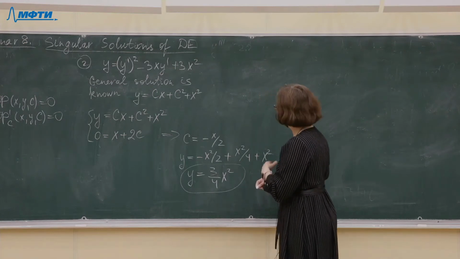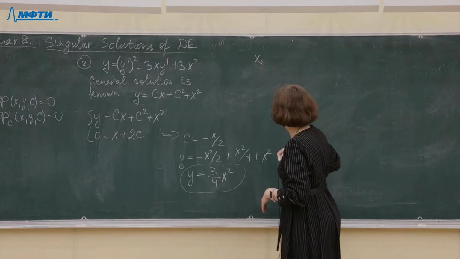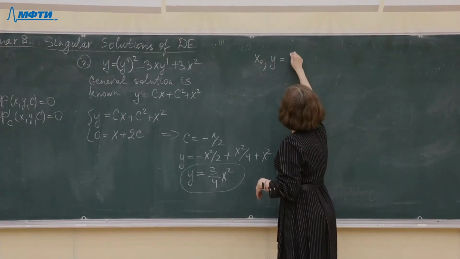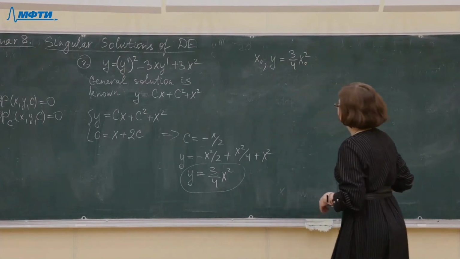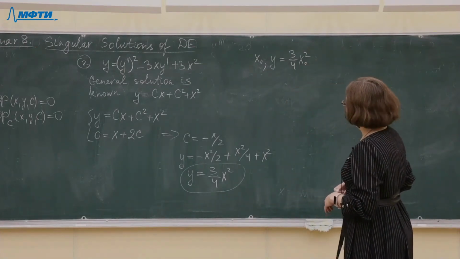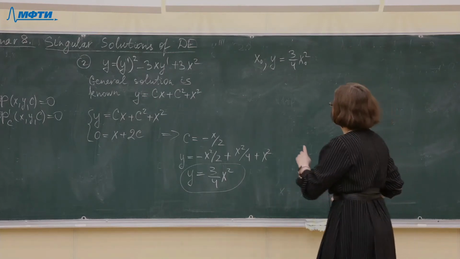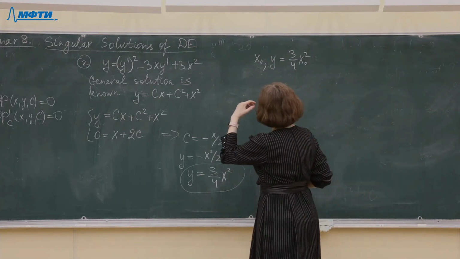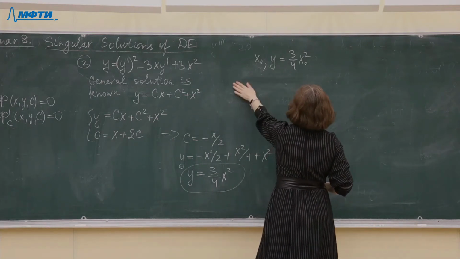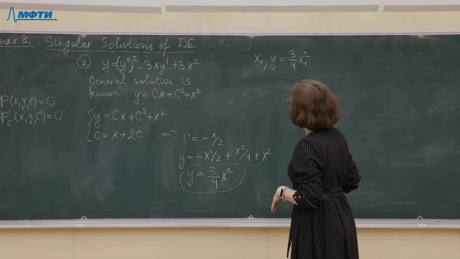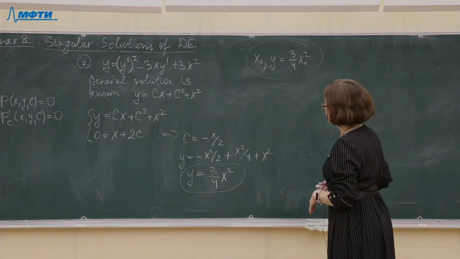If we fix a point x0 and y0, which is equal to 3/4 x0 squared, we must show that there is a curve from this family that touches our curve, our candidate for a singular solution.